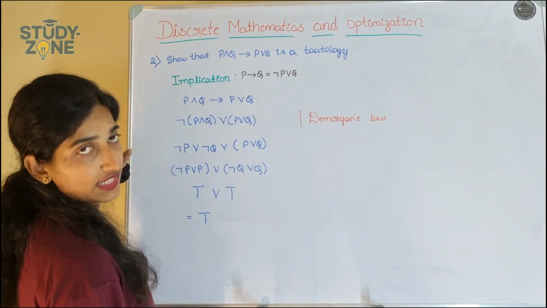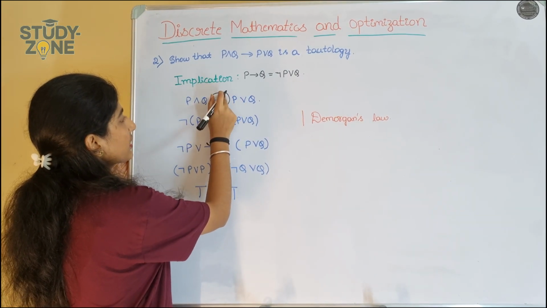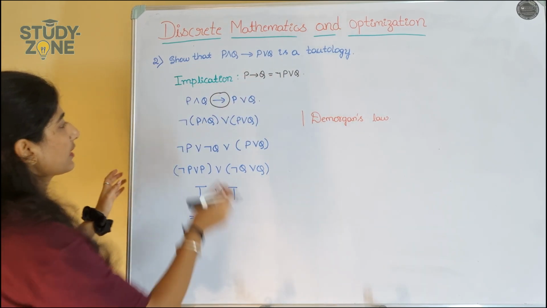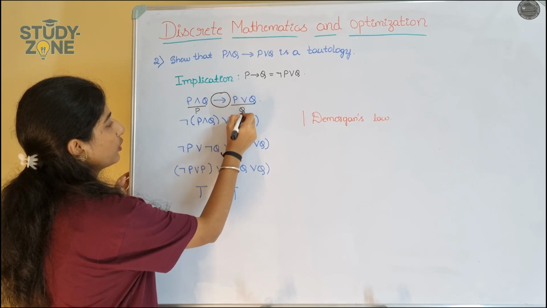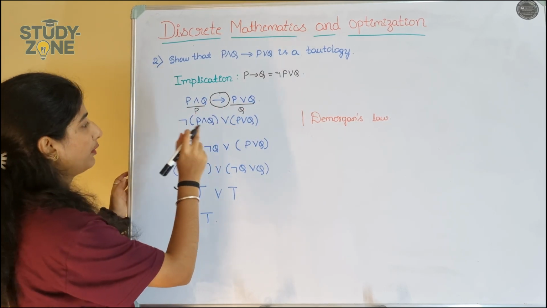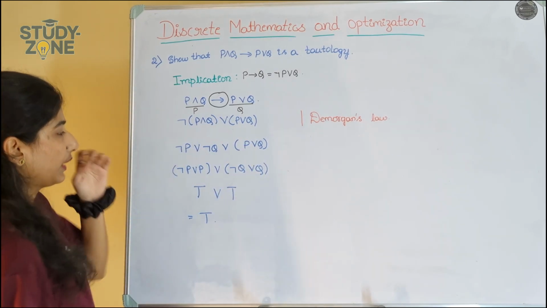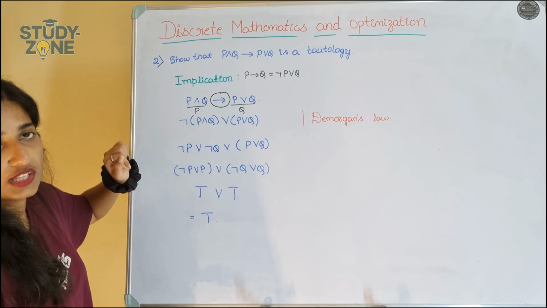Take this one as it is, and for this implication symbol we apply this rule, that is take this as P and this as Q. P implies Q will be negation of P or Q. Done. Now here we have negation of P and Q. Now what do we have to do?